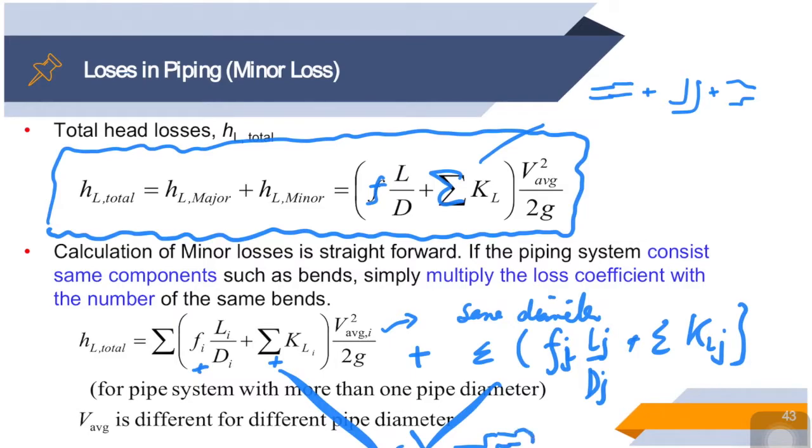Okay, and then what happens is I've got a pump connected, and then the diameter reduces to a different system. So I'm going to use this formula for this diameter system and this formula for this diameter system. That is why it is important that i represents each pipe section with a constant diameter. Okay, so this is something we need to take care of.